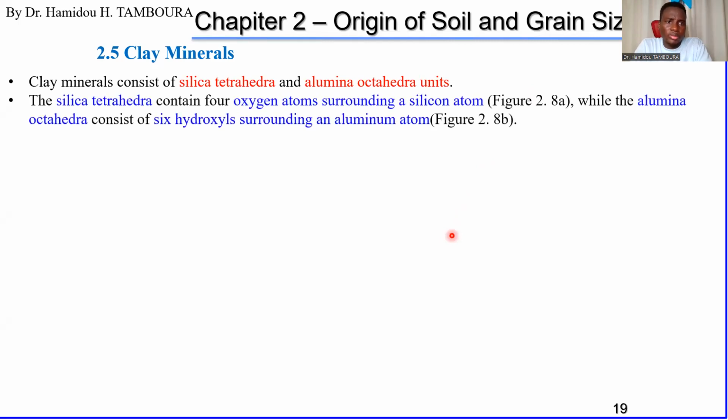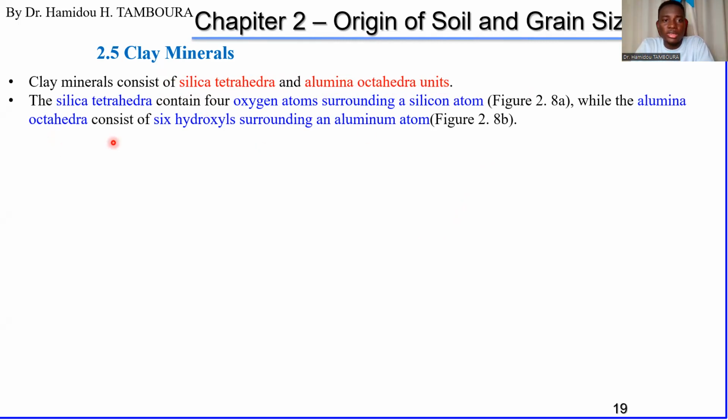And so the clay mineral consists of silica tetrahedral and aluminum octahedral units. Mainly these two.